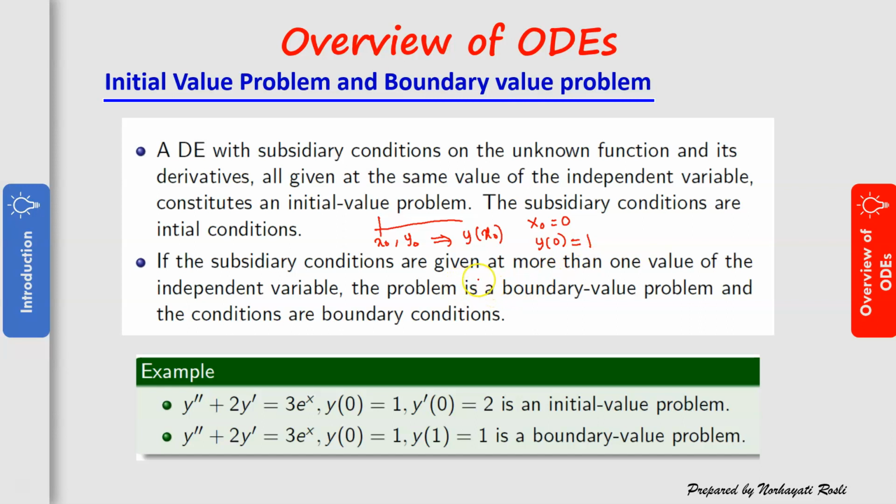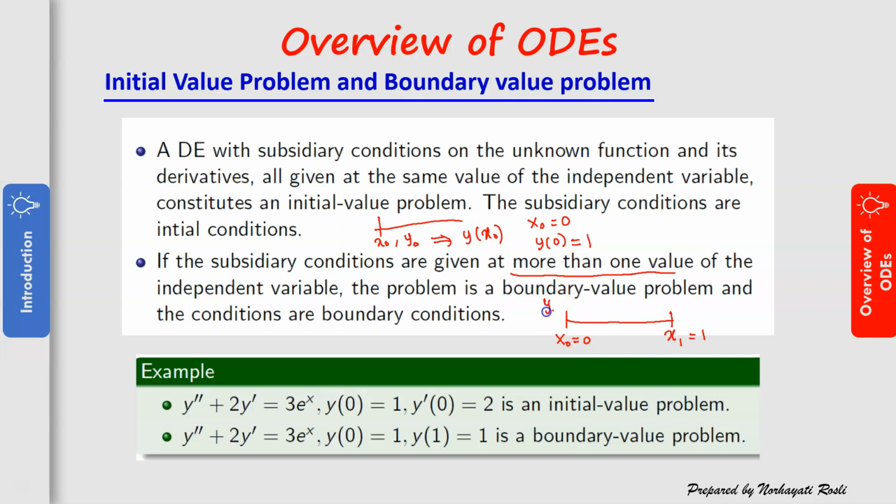But if the conditions are given at more than one value of the independent variable, the problem is a boundary value problem. It means that if I have, for example, this line, this one is x naught equal to 0, and then I have here, let's say, x1 equal to 1.